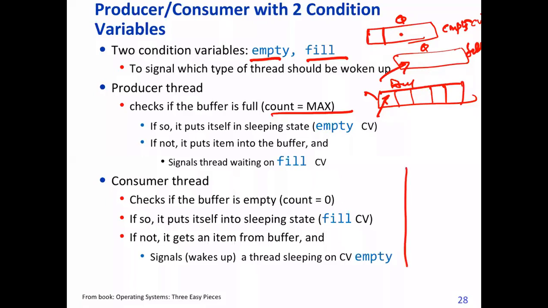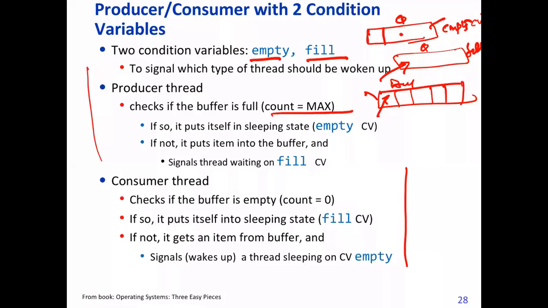So the logic is that we can use two condition variables, and when the buffer is full, then the producer will put itself to sleep. When the consumer consumes anything, it means a slot becomes available, so it will inform the sleeping thread to wake up by signaling on the corresponding condition variable, the one corresponding to empty.